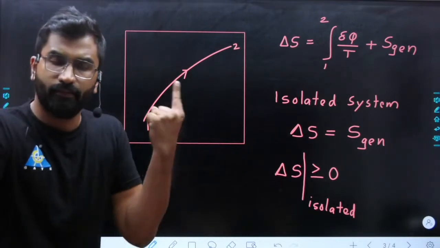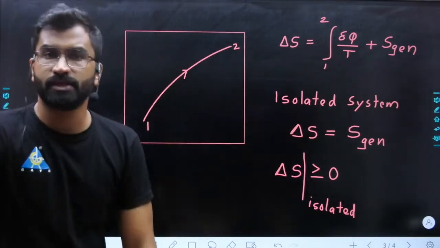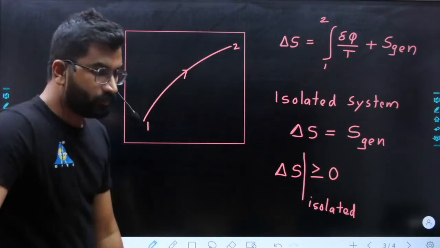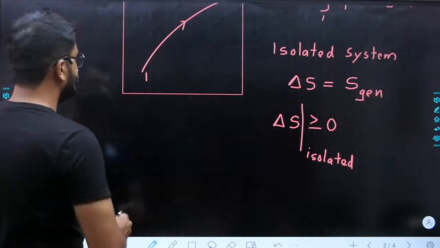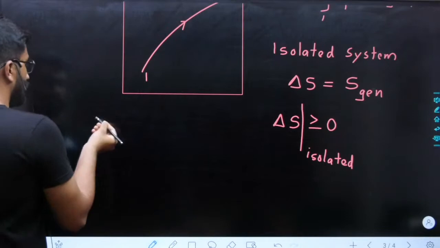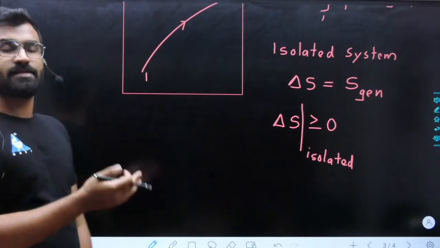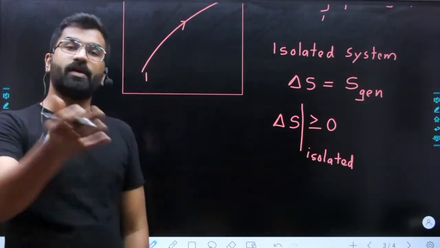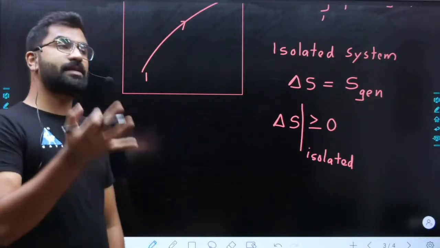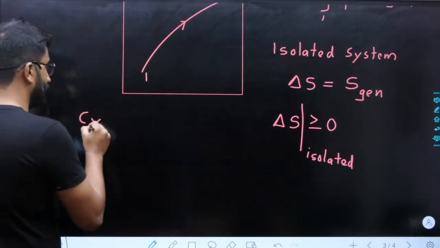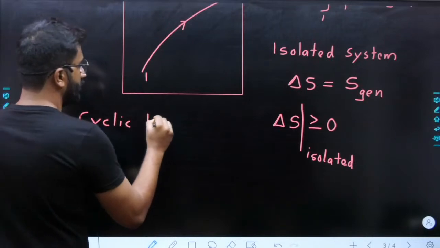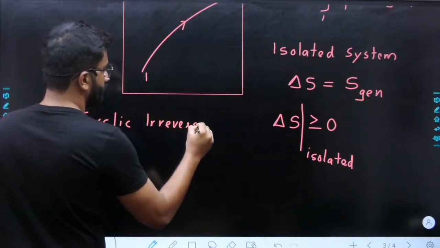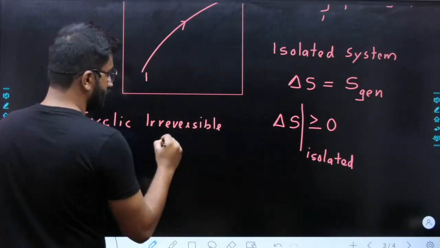There are only two possibilities: it can be reversible, otherwise irreversible. Okay? Now, another question can be: what is the entropy change for a cycle? If it is a cyclic irreversible process, there was a question in GATE.